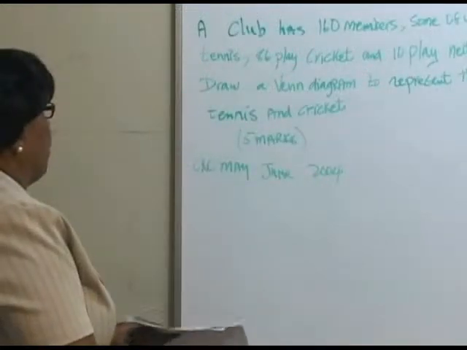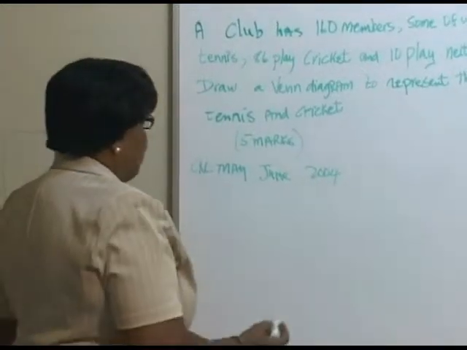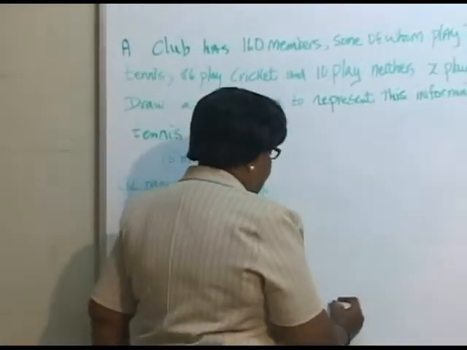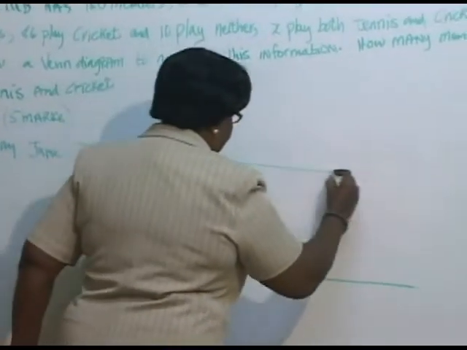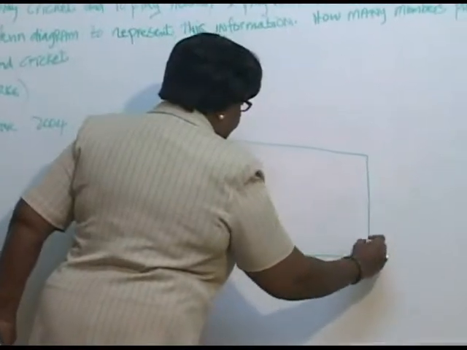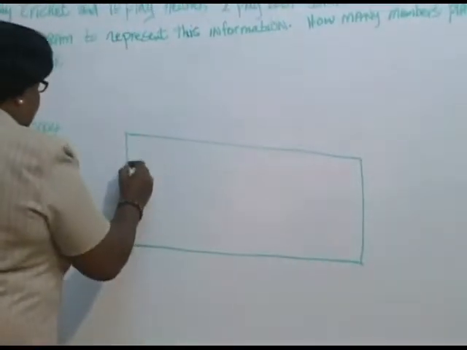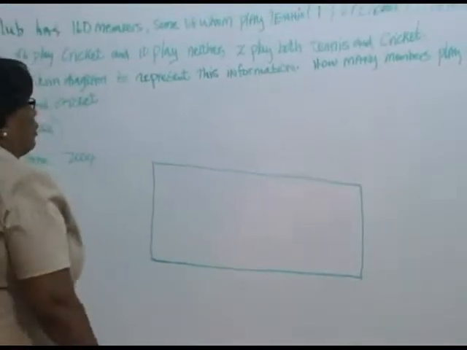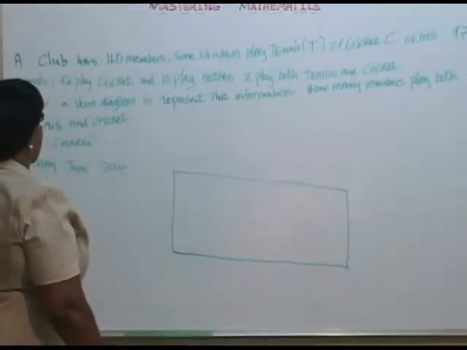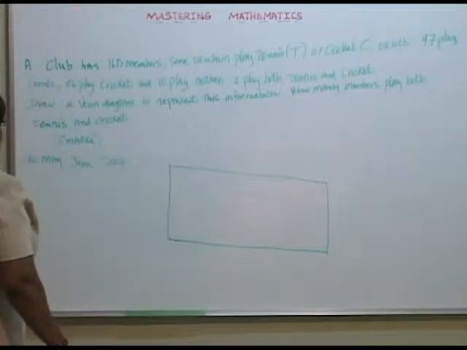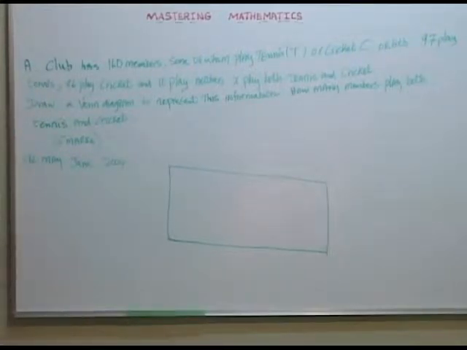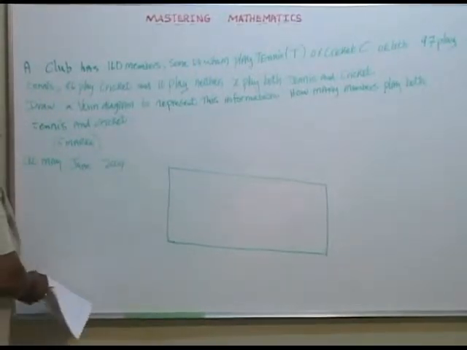So the first thing we're going to do is to draw the Venn diagram. And again, what is a Venn diagram? A Venn diagram is made up of a rectangle and circles, okay? More than one subset would give us a Venn diagram with circles. What do we know? A club has 160 members.